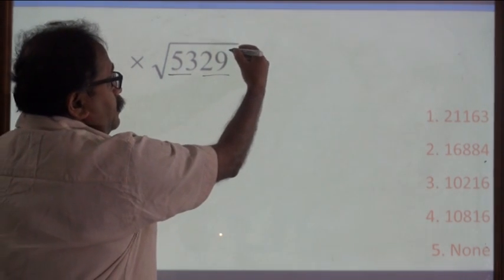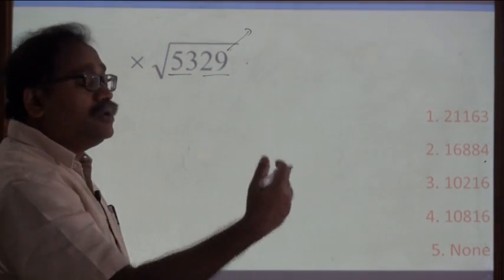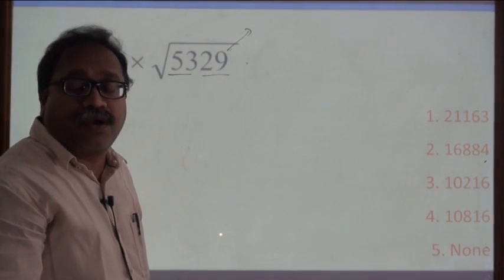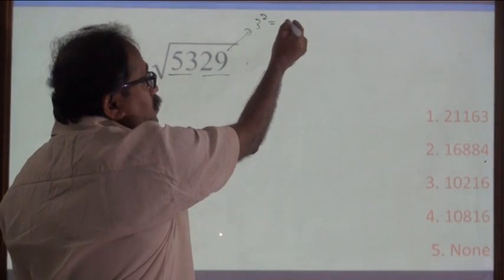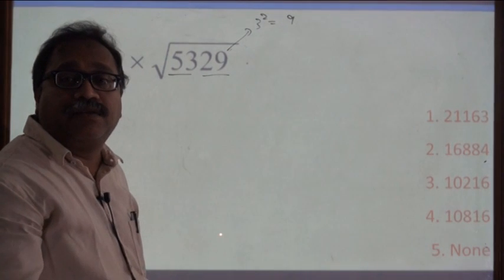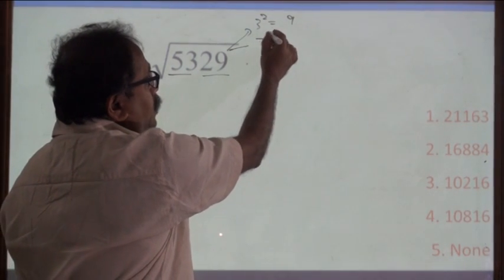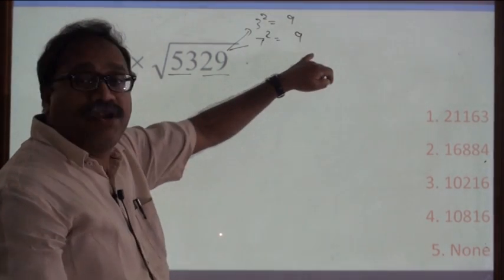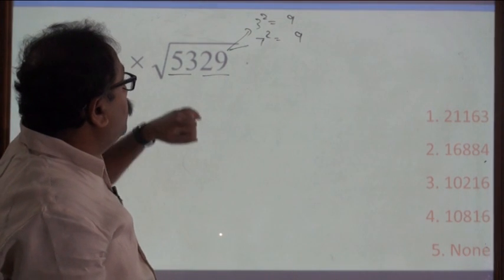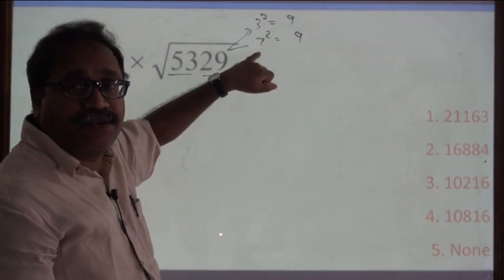Now when I get 9 as the unit digit of the square of a number, in case of 3 square we get the unit digit 9, and next 7 square, where we get the unit digit 9. 7 square is 49. So my unit digit will be either 3 or 7.